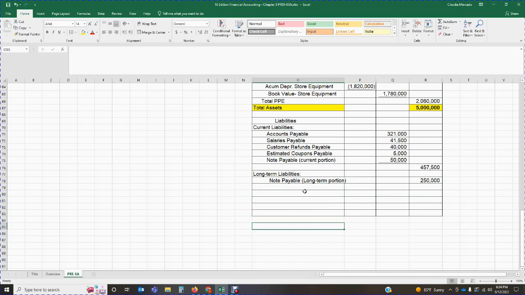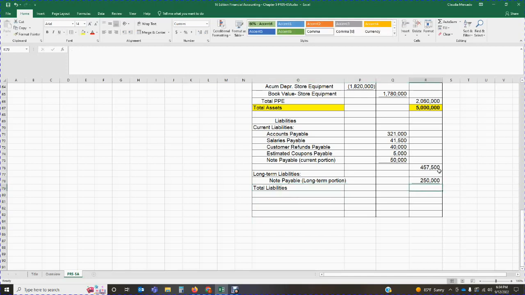Now that we brought in our current liabilities and our long-term liabilities, we can get our total liabilities. My total liabilities is going to be my $457,500, that is my total current liabilities, and then I'm going to add my $250,000, which is my long-term liabilities. I forgot to label this total current liabilities.